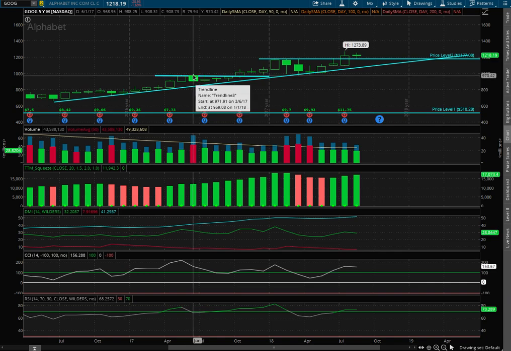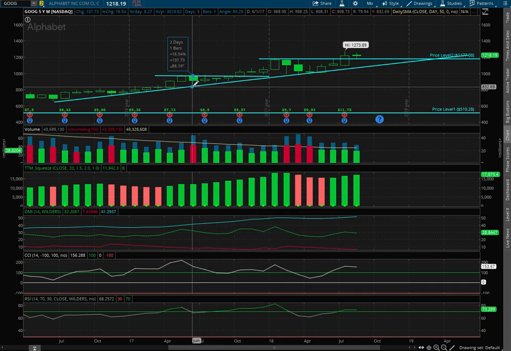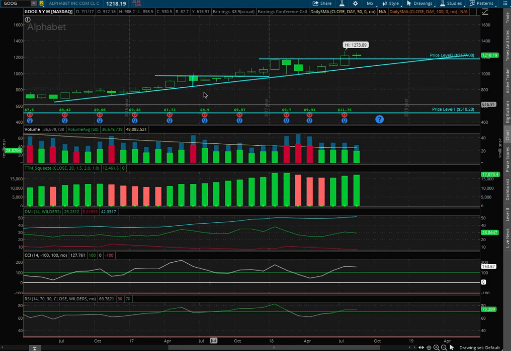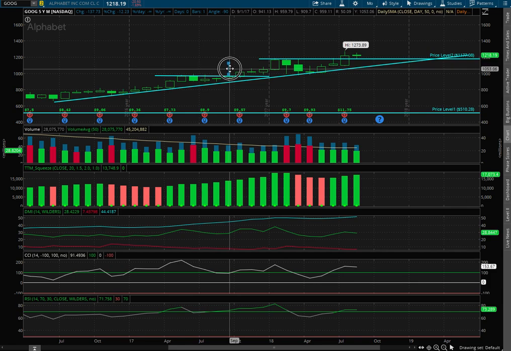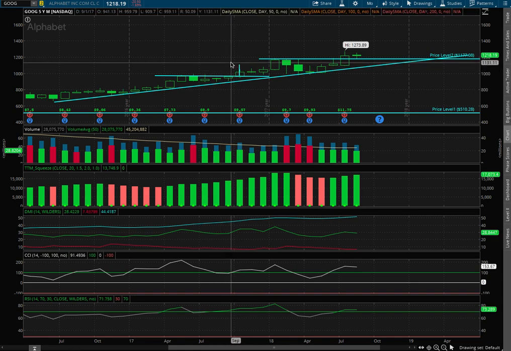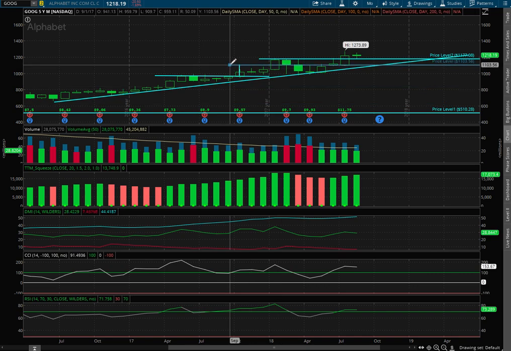So I want to say about here. So you measure the middle of the wedge. Okay, grab that, and then you put that to where it fired off. So it fired off here. Then that's your price target for the wedge.